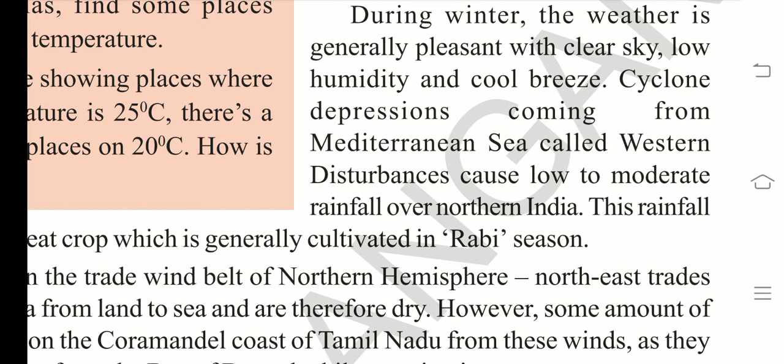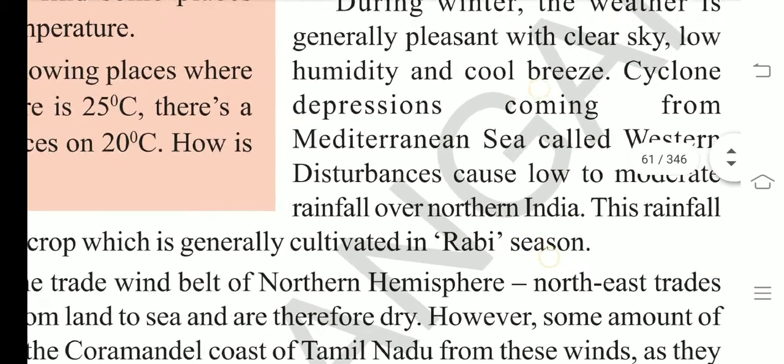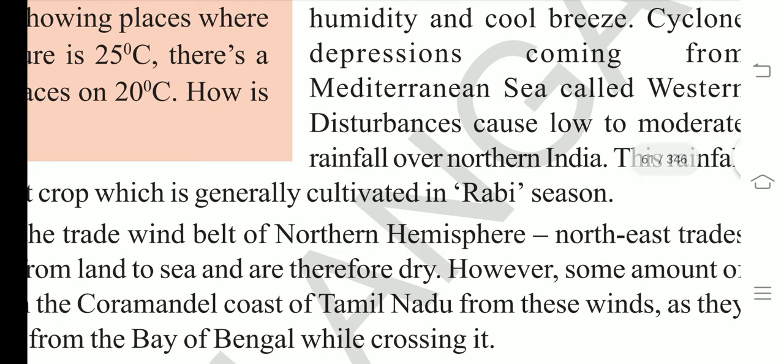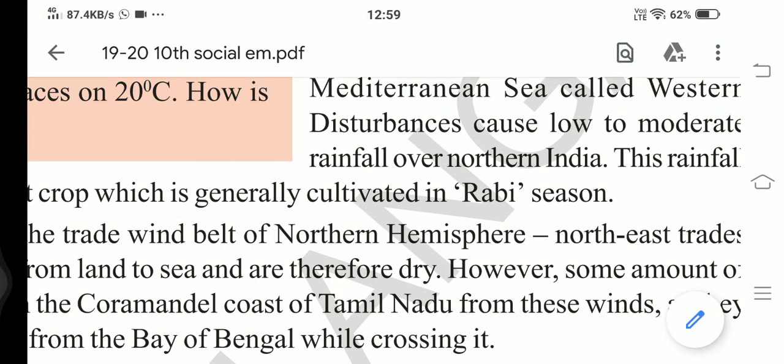Why do cyclones form in the Mediterranean Sea? Due to temperature differences, cyclones form in the west Mediterranean Sea. From that place, the winds blowing towards India bring some rainfall over North India, and that is enough to grow the crops in the Rabi season.